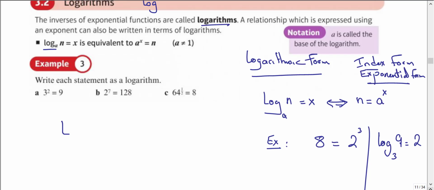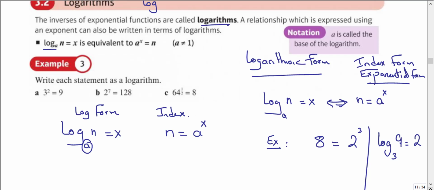Log form is when you have log n base a, so this number down is called the base, equals some value, x. This is called logarithmic form. Exponential form is when you have something with a power, exponent. So this is log form, and this is index form. We say index or exponential, it's the same thing.